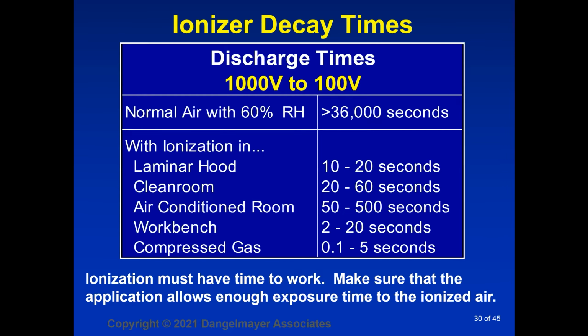But if I can get rid of the charge in 10 to 20 seconds on a workbench, that means that if the charging of the object and then the contact of something with ground has to occur in that 10-second window, or the problem doesn't exist. We have solved the problem. So the faster we can get the ionizer to work, the narrower the window for those two events to occur, and the less likely it will be that you will have an ESD problem.